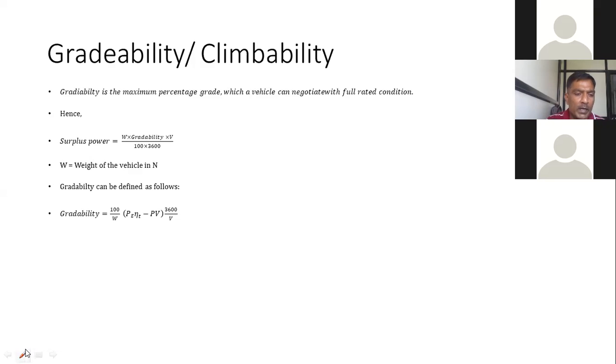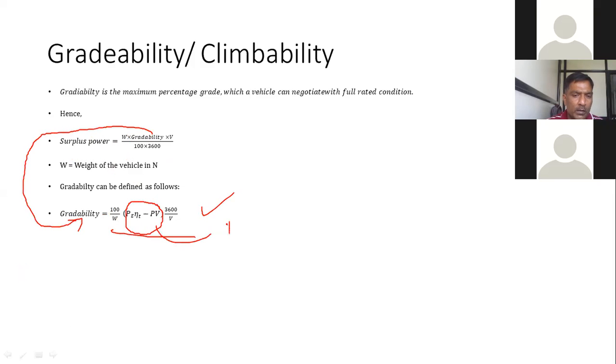So just by rearranging the terms, check this. Gradability is equal to 100 divided by W, cross multiplication, and this is nothing but the surplus power we have seen.